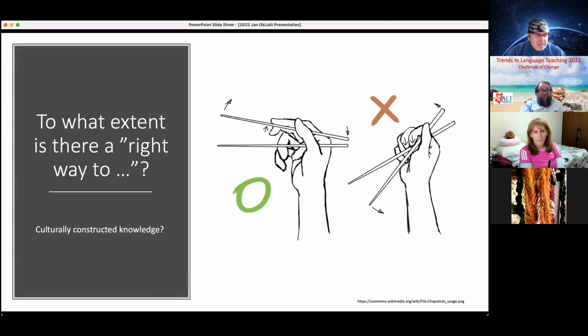So to what extent is there a right way or a wrong way to do something? The schema with the idea of culturally constructed knowledge. If the role of chopsticks is to get food from the plate to my mouth, and I successfully do that, how can there be a wrong way for me to use chopsticks? There's some social rule about that.